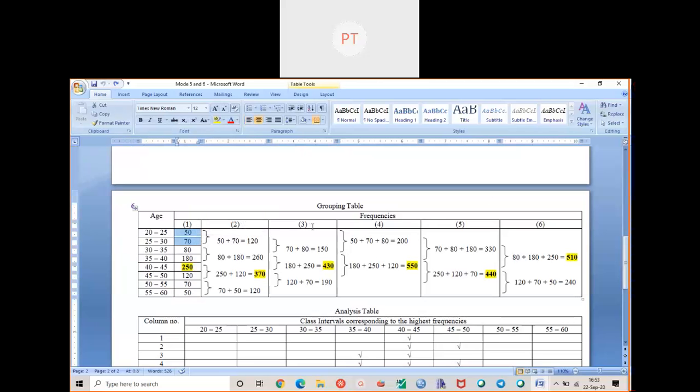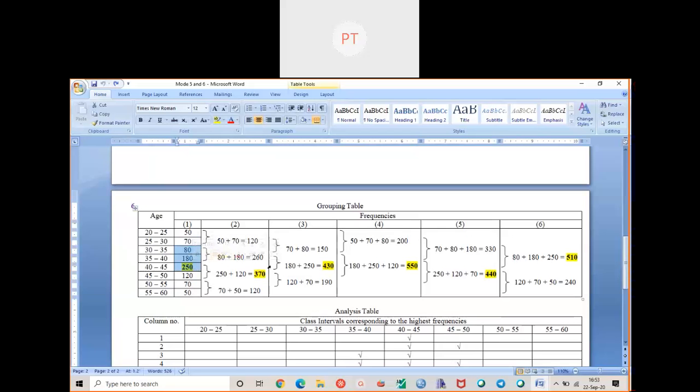Column number 3 is the sum total of the second and third frequency. The fourth one is the sum total of the first, second and third frequency. Column number 5 is the sum total of the second, third and fourth frequency. And the last one, column number 6, is a combination of the third, fourth and fifth.